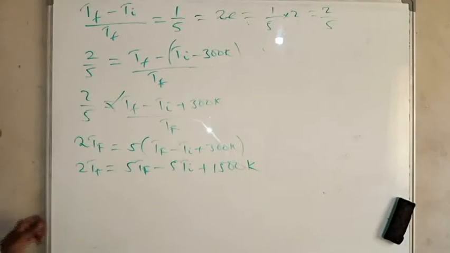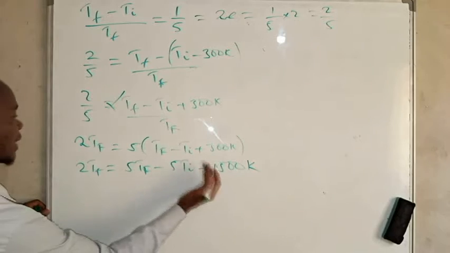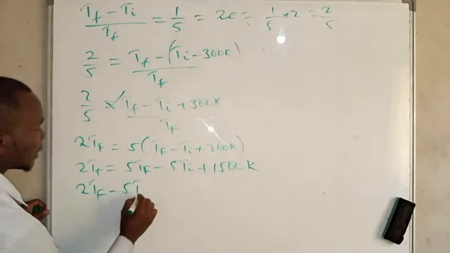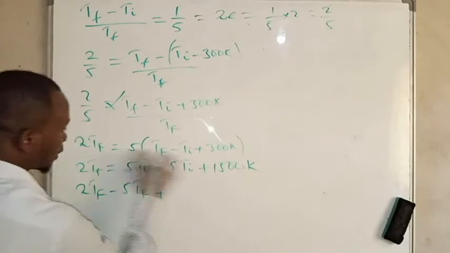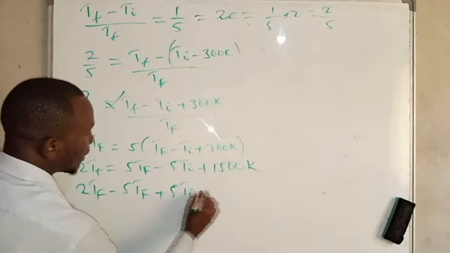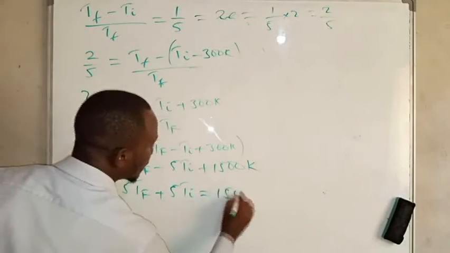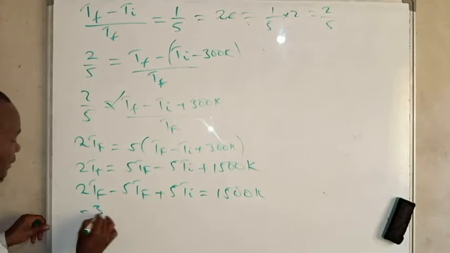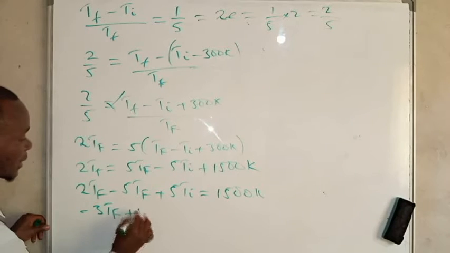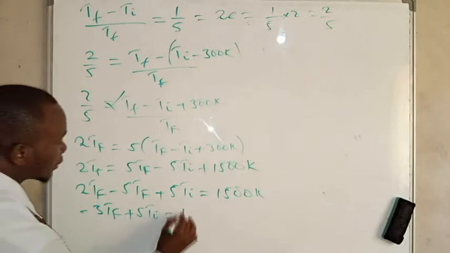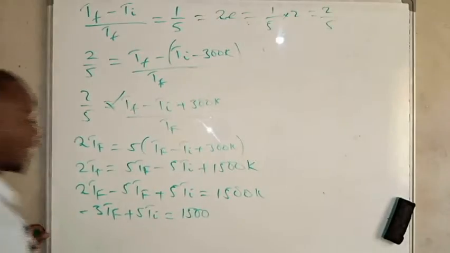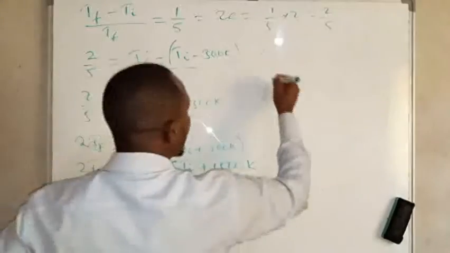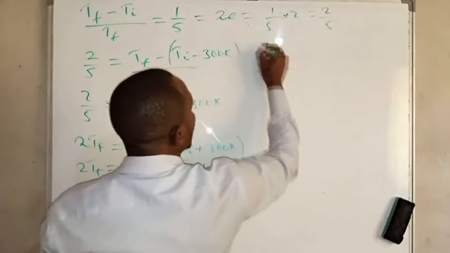From here, we take this to the other side. So 2Tf minus 5Tf plus, when it crosses the equal sign, 5Ti is equal to 1500 K. We're going to have negative 3Tf plus 5Ti is equal to 1500 K. Let us call this equation 2.